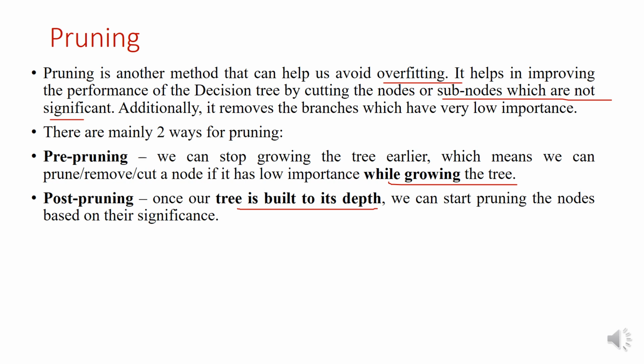We can start removing the nodes from the constructed tree, whichever are not significant. Pre-pruning means, before constructing the tree fully, based on some decisions or some threshold value, we try to remove the nodes. That is what we call pre-pruning.